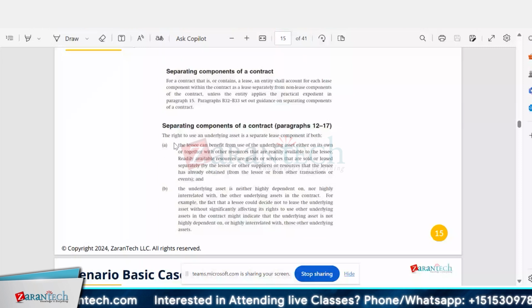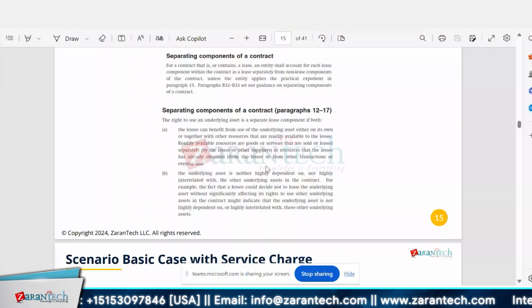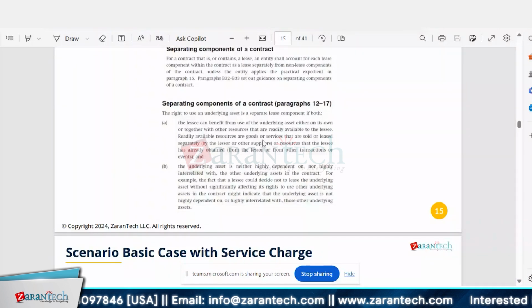The right to use an underlying asset is a separate lease component if both: the lessee can benefit from the use of the underlying asset either on its own or together with other resources that are readily available to the lessee. Readily available resources are goods or services that are sold or leased separately by the lessor or other supplier, or resources that the lessee has already obtained from the lessor.